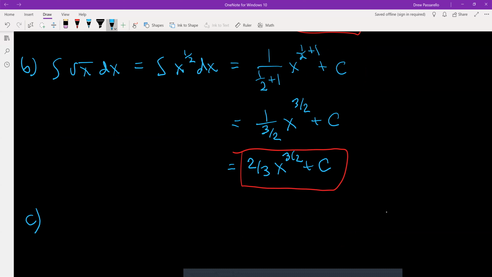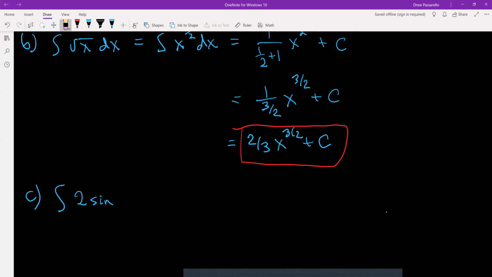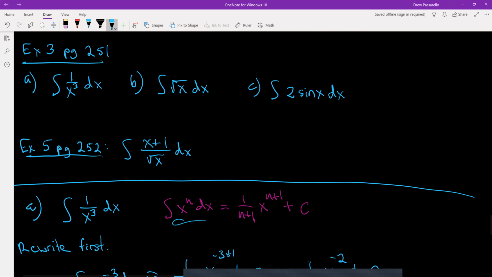And the next one is involving a trig function. So you're doing 2 sine x dx. Like derivatives, you can factor out the constant in front. So for integration, I'm going to factor out the 2 in front and then focus on integrating sine. That's where I reference my list of rules.